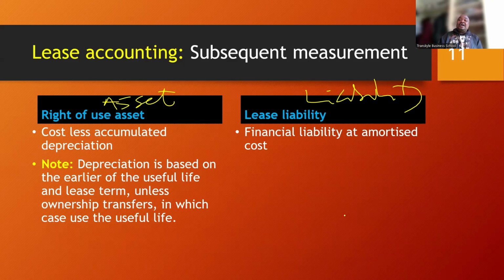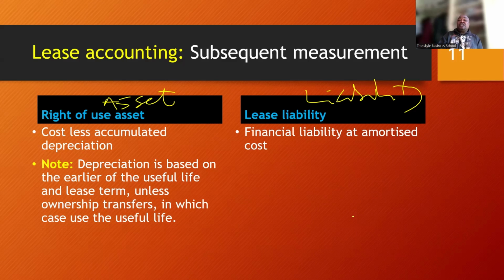If you are adopting the IFRS 16 cost model, you are also allowed to do so, which means you hold the asset at cost less accumulated depreciation. Please note, depreciation is based on the earlier of the useful life and the lease term. Sometimes the examiner will tell you that the lease term is only 5 years, but the life of the asset is 10 years.